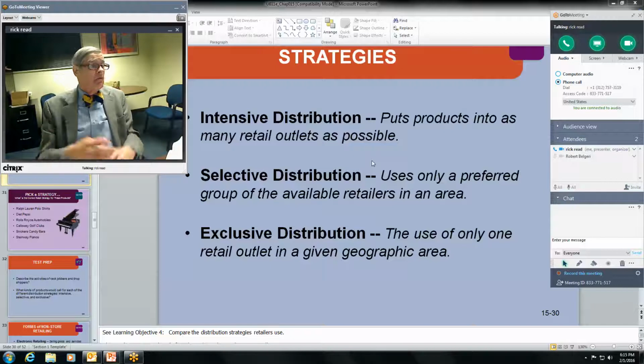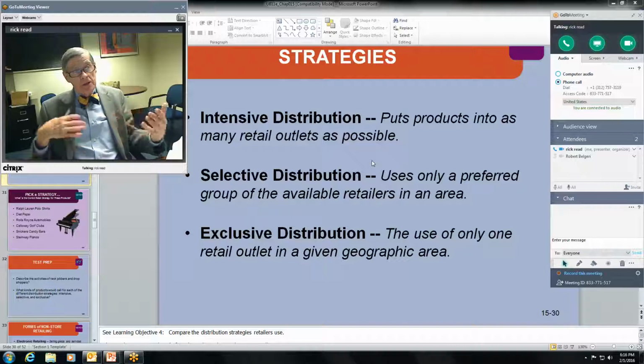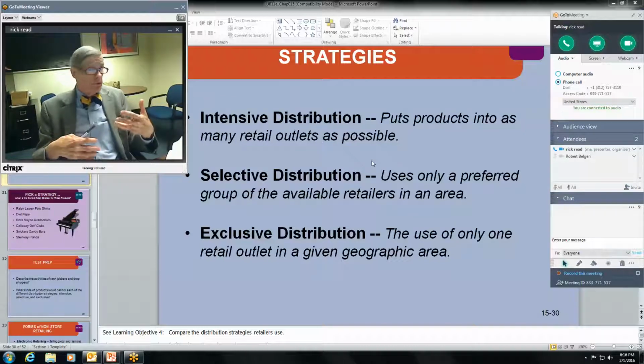So if we sell our product to Sears and Macy's and JCPenney, etc., because we're trying to do some differentiation of product and customer, we may select only one of those three. We may use two of those three, but we won't use all three of them.